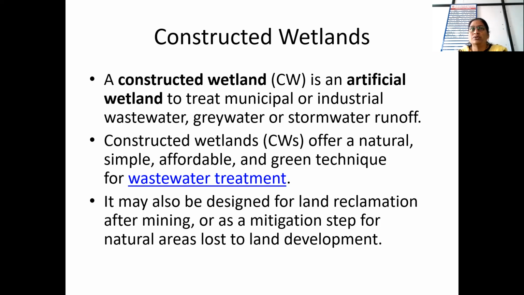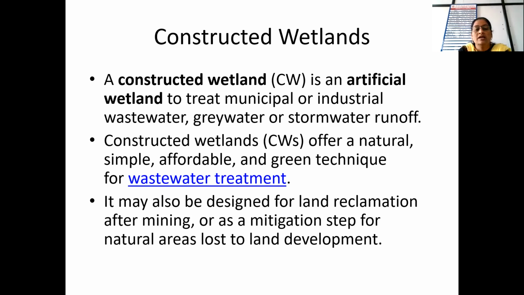Usually you might have observed where there is a wetland type of structure. You must have seen taro plants where there is a lot of continuous water and very marshy land, and the taro leaves grow well there. Okay, likewise such plants can be planted in a wetland area, and that will be the constructed wetland for the treatment of wastewater generated from municipal as well as industrial areas. Specifically, this kind of wetland will be helpful to treat gray water or storm water runoff.